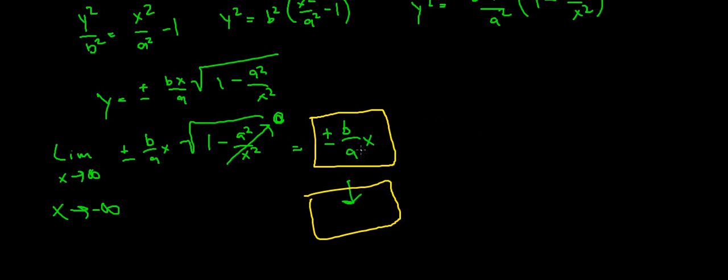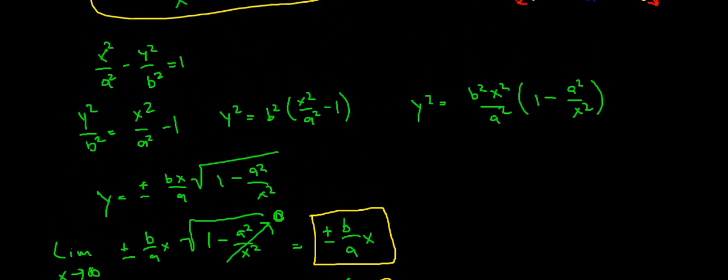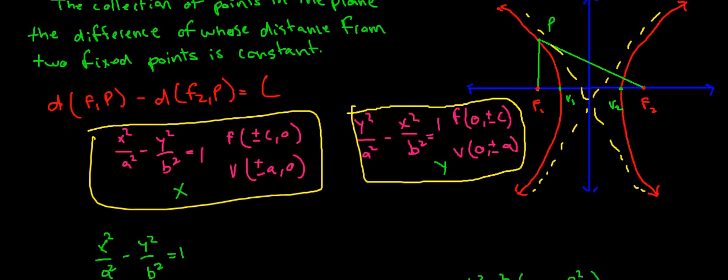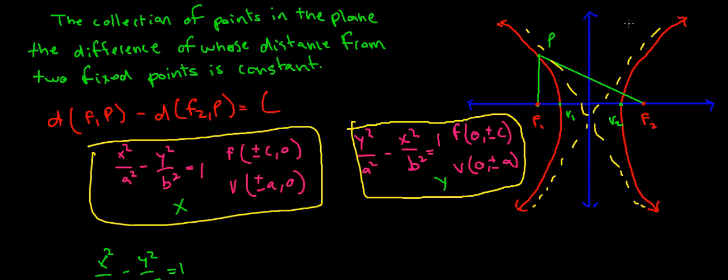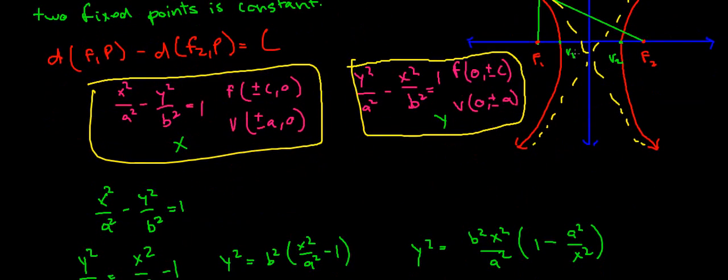So these are my lines, plus or minus b over a times x. This one will be positive b over a times x, and this one going down this way is minus b over a times x. And again, this is for an x transverse axis.